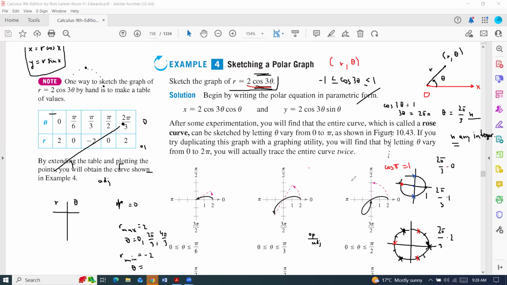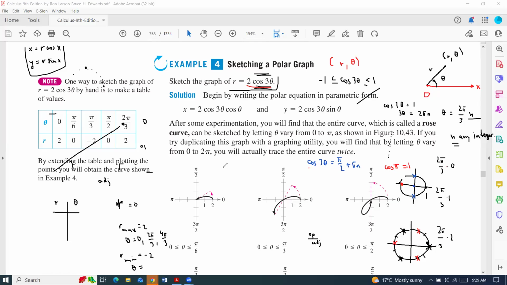So how can I describe those? Well, let me write it here. So cosine of 3 theta is going to be equal to pi over 2 plus pi times n.